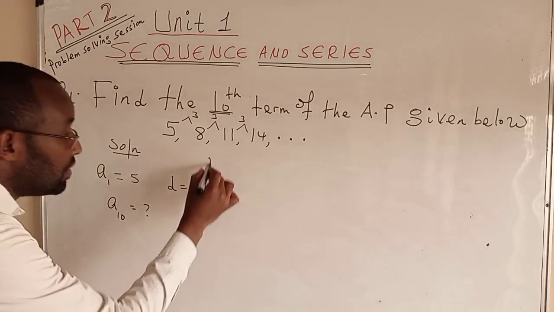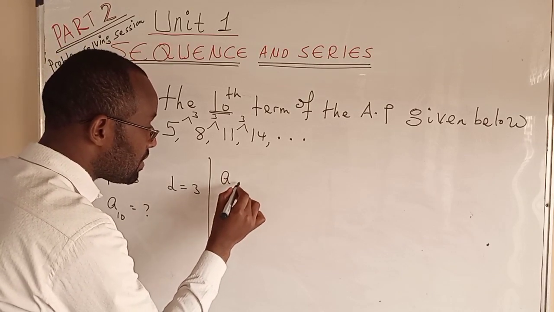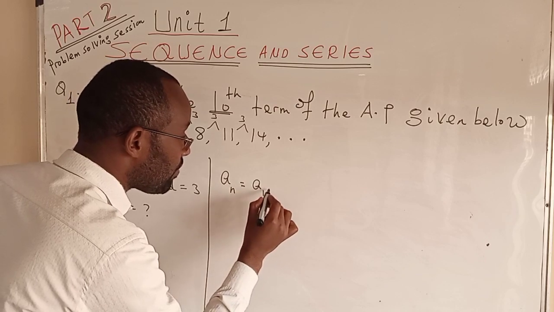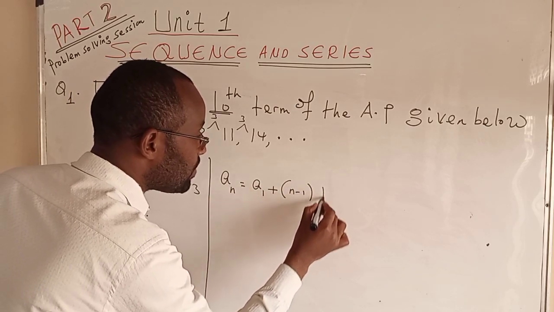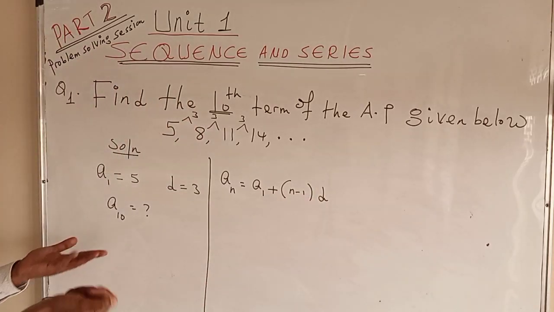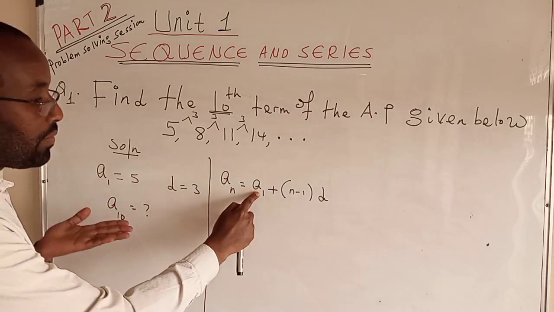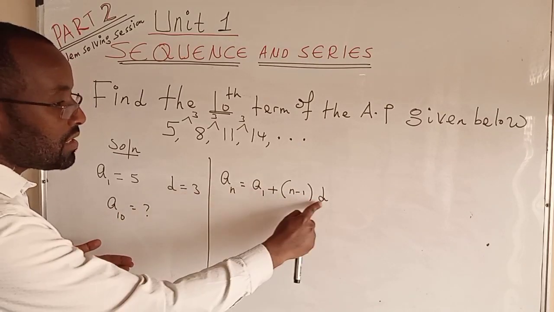Now I think you remember this formula: a_n, the nth term of an arithmetic sequence, is equal to the first term plus (n minus 1) times the common difference. We know the first term a1, so we put a1 in here. We know the common difference.